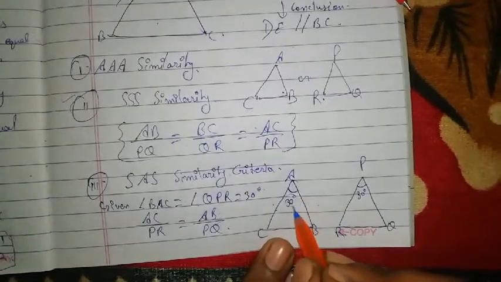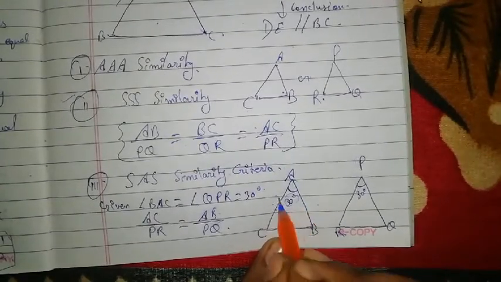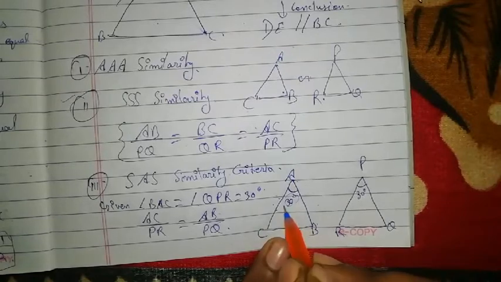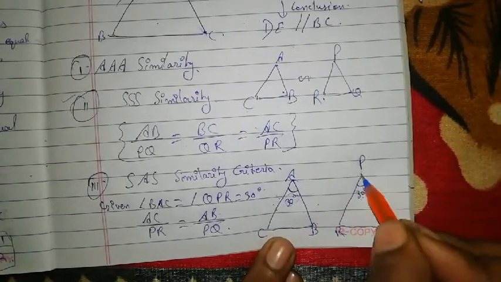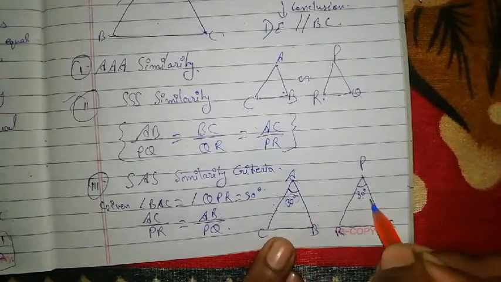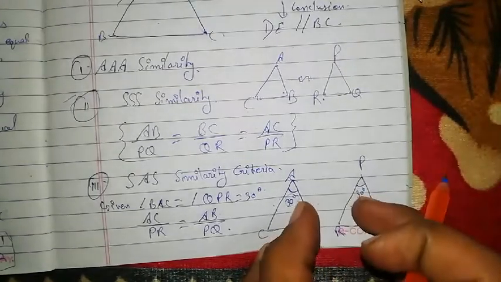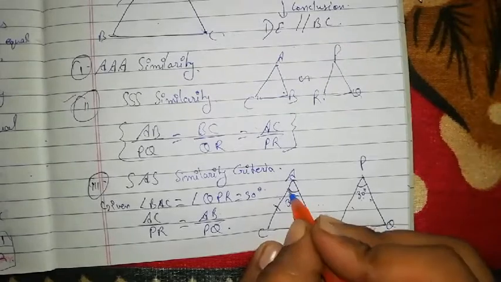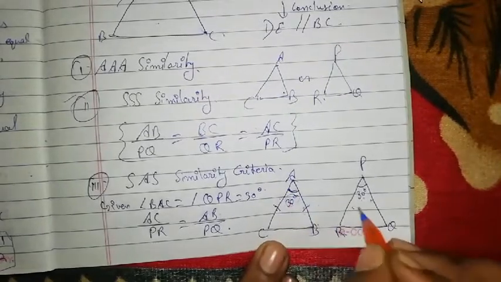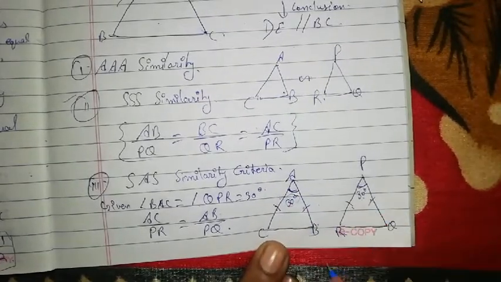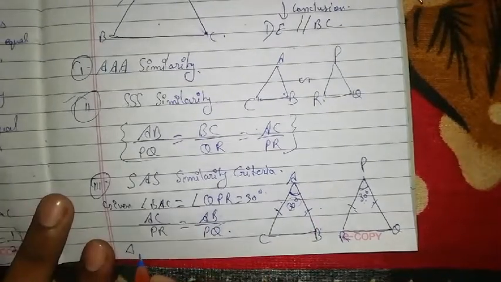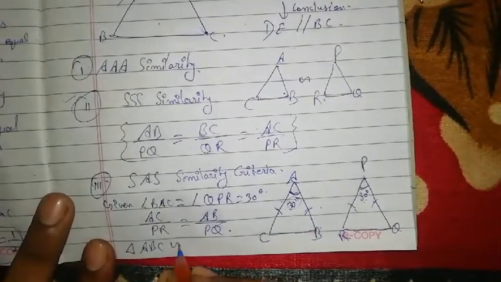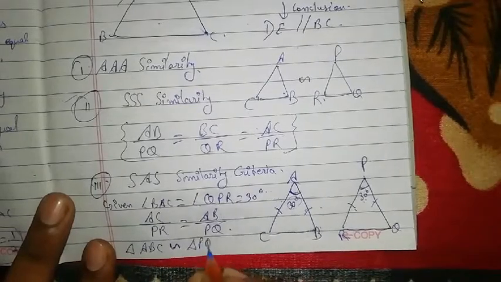Look, this is an angle. It has two adjacent sides AC and AB. So in this triangle also, this is the angle, and PR and PQ are the adjacent sides. If they are in the same proportion, we can say this is side, this is angle, this is side. So by SAS similarity criterion, triangle ABC is similar to triangle PQR.